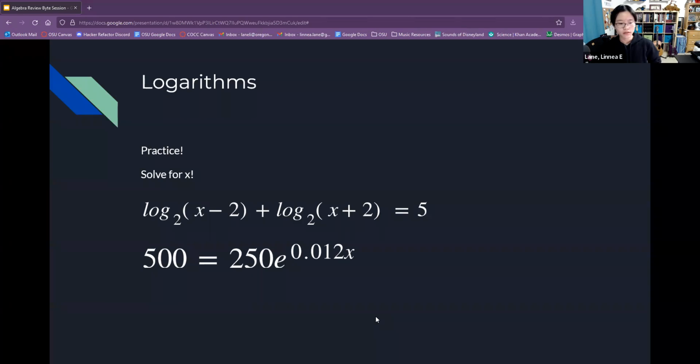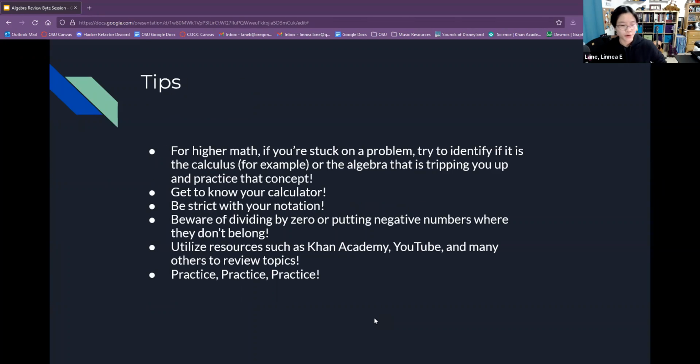And that is my crash course in the big topics of algebra, at least the ones that I think are important. Here are some tips for anyone not feeling comfortable with their algebra, or going up into higher math and not feeling as comfortable with it. Something I encourage both myself and others to practice: if you're stuck on a problem, try to think whether it's the advanced math that you're learning at the moment, or just the algebra that's tripping you up.